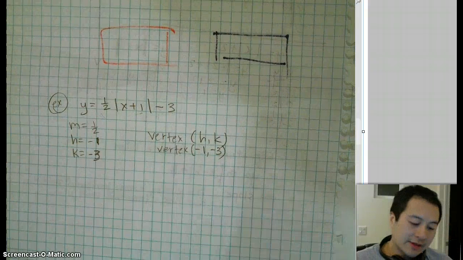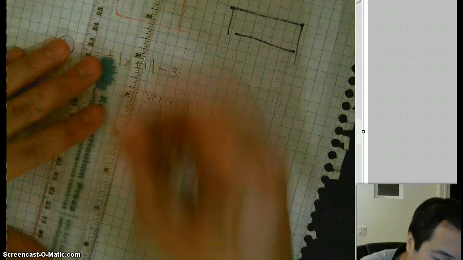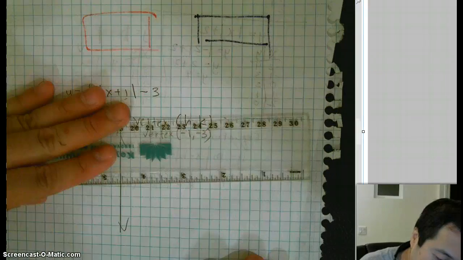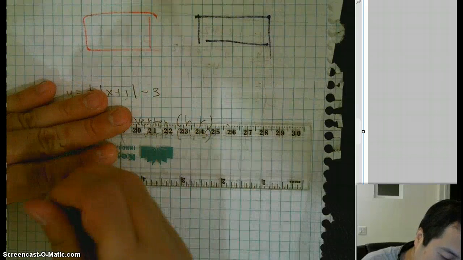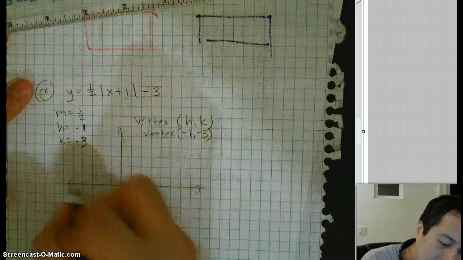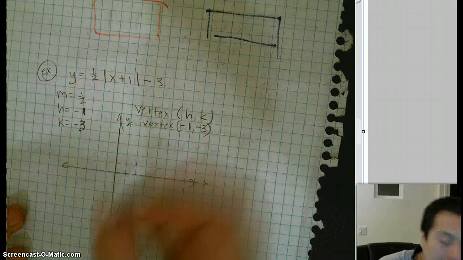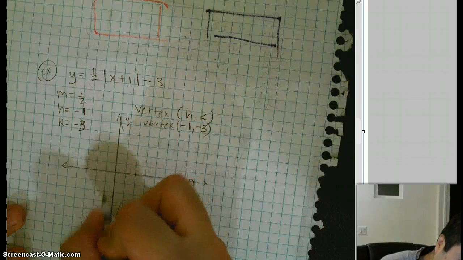So when I'm graphing this, I start at -1 comma -3. Make sure you make your graph x, y. So -1, -3. I make my vertex right there.